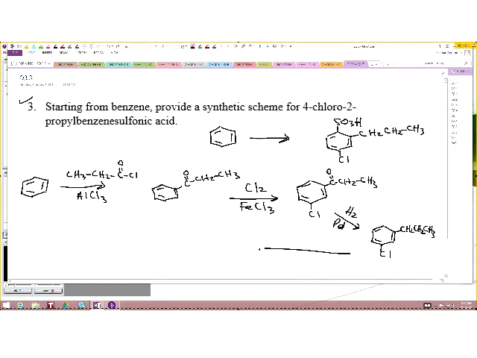Okay, now what? What do you want to do now? Sulfonation. Once again, just knowing the reagents is what is important here with a little bit of critical thinking.